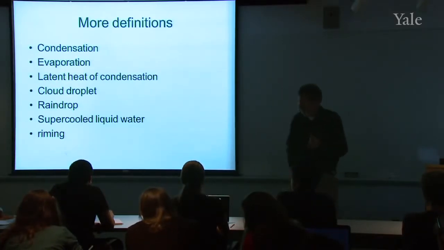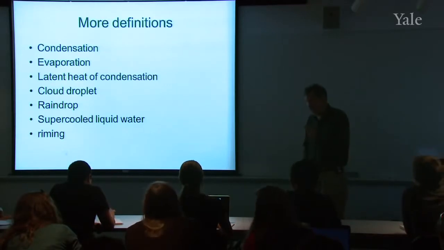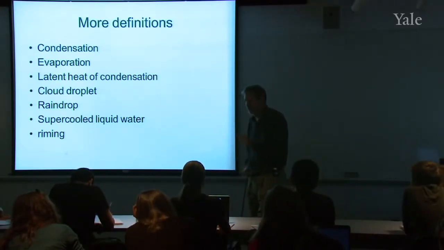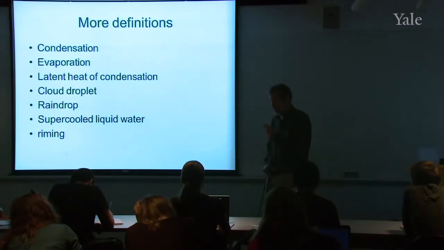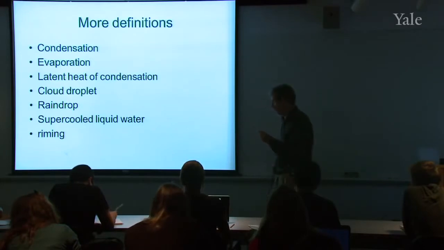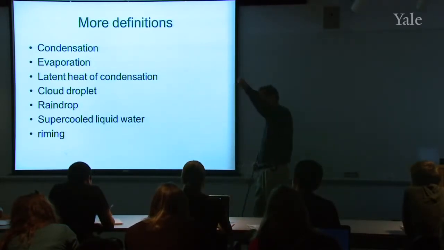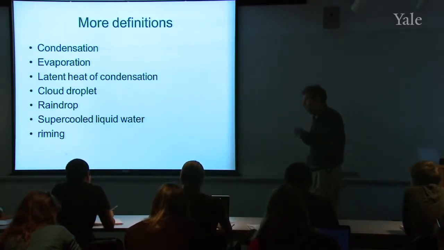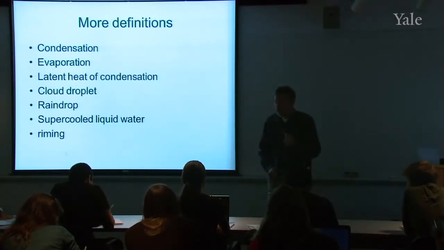A typical cloud droplet is about 10 microns in diameter. A micron, remember, is a millionth of a meter. A raindrop is the kind of liquid drop you find falling to Earth, and they are typically about a millimeter in size.